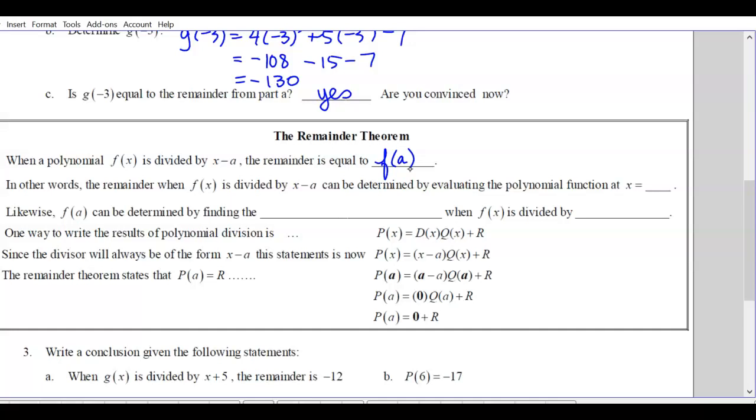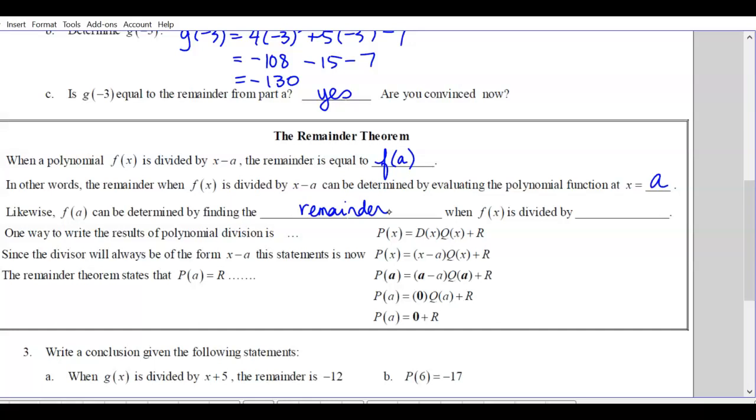Okay, so in other words, the remainder when f of x is divided by x minus a can be determined by evaluating the polynomial function at x equals a. Likewise, f of a can be determined by finding the remainder, so it goes both ways. It's a biconditional statement, if you remember back.